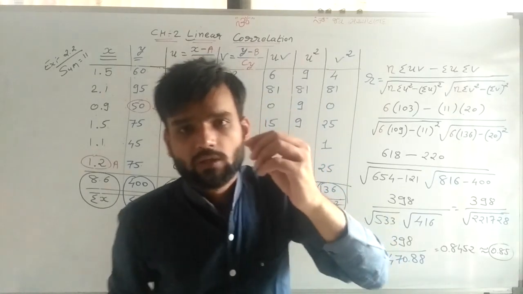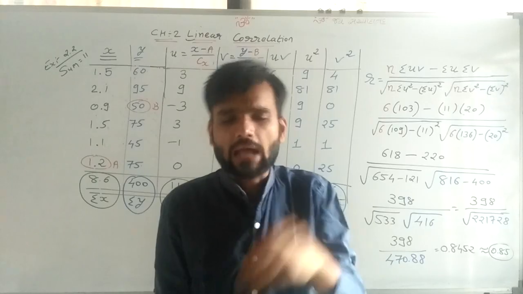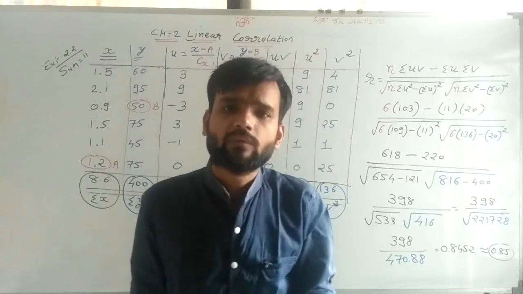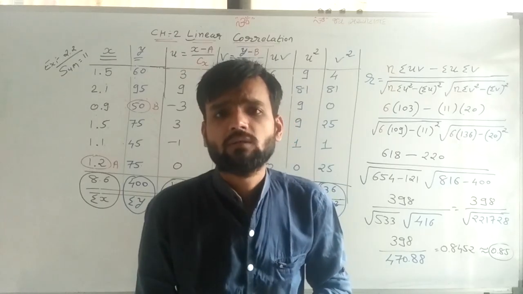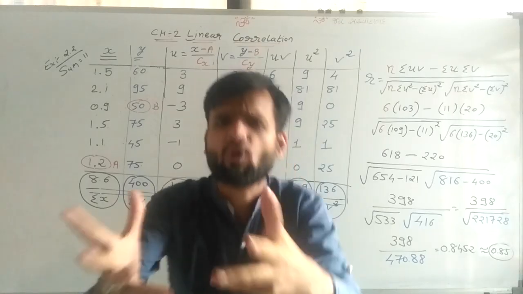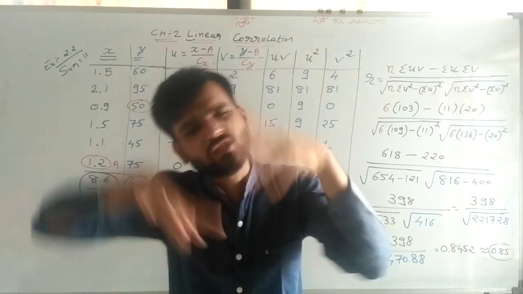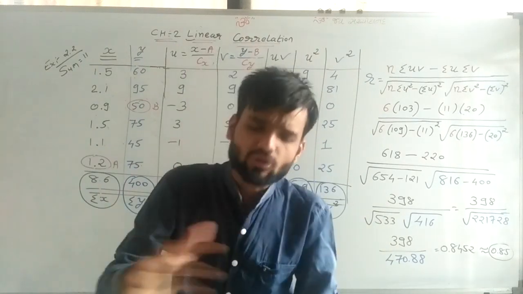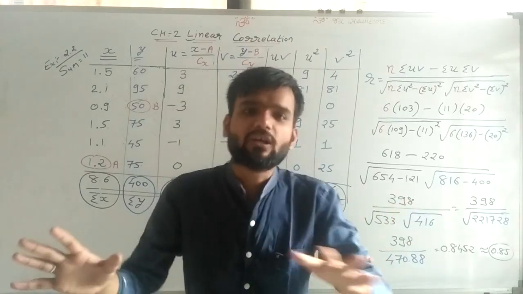So think, suppose it is a fraction. Suppose the answer is 25.75. If we deduct 25.75 from all the values of x, then we get fraction values, and that calculation becomes hard for us. Why? Because multiplication of fraction values gives fractions, and calculation becomes hard. And if it's a natural number, then calculation becomes easy.